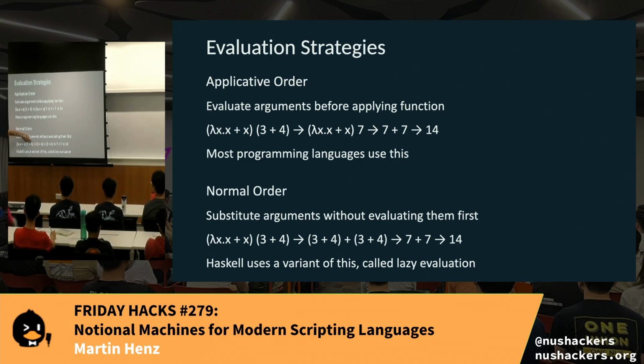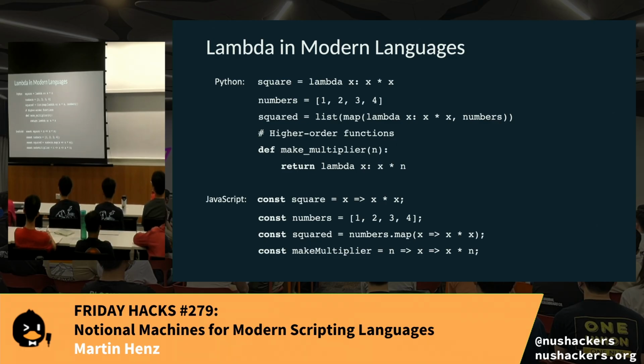You take the entire argument expression and substitute the parameter by that expression. That gives you 3 plus 4 plus 3 plus 4. It's actually a longer computation, but this strategy guarantees that you find a normal form if it exists. Of course, lazy evaluation can then optimize this and make sure that you only do one addition. In modern programming languages, we have that lambda-calculus built in.